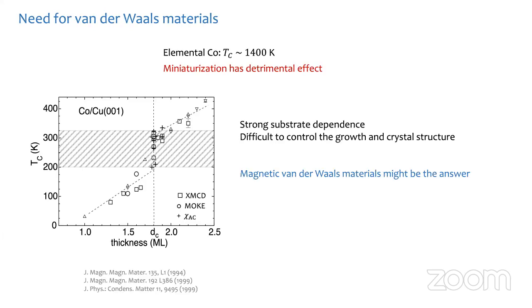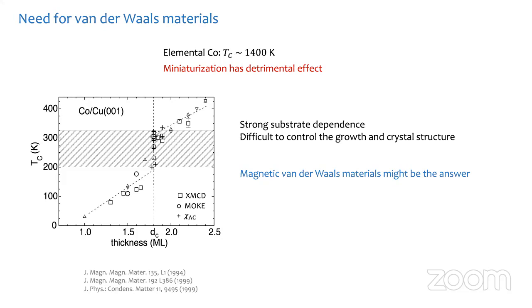When it comes to 2D materials, and these days people talk about these van der Waals 2D magnets, at the onset one might ask: there are many ferromagnets available with very high TC, so why not just thin down these strongly magnetic materials to get a 2D magnet?